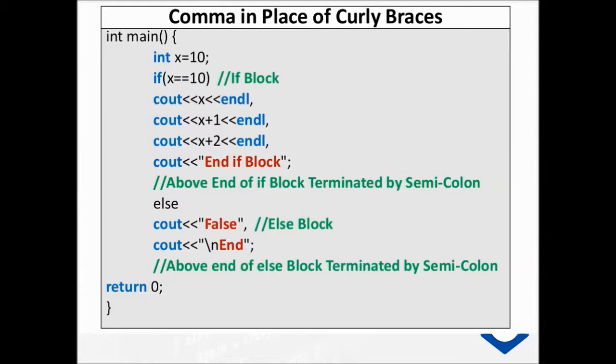So here we start our program with int main, and after writing int main we put the starting curly brace. Inside it we declare a variable x and assign it the value 10, and this variable has an integer data type.